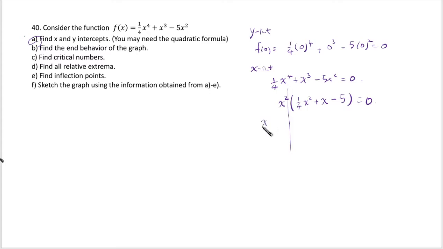Alright, so either x squared equals 0, which means x is 0, or 1/4 of x squared plus x minus 5 is 0.